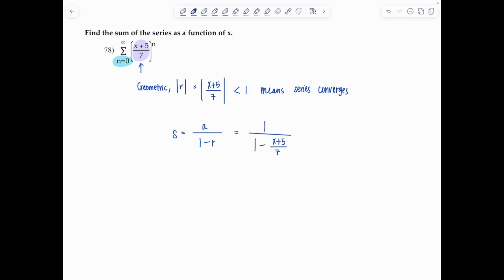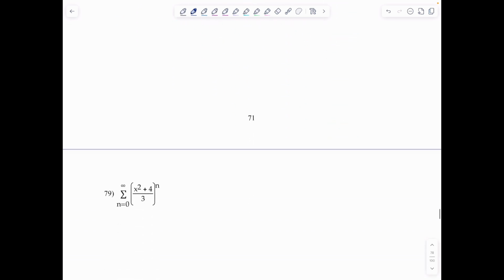And then certainly we would not leave our final answer like that. Multiply everybody by 7, so we clear up that complex fraction. So now we've got 7 over 7 minus x plus 5. And then if you simplify in the denominator, we have 7 over 2 minus x. Beautiful. That one's pretty straightforward, hopefully.